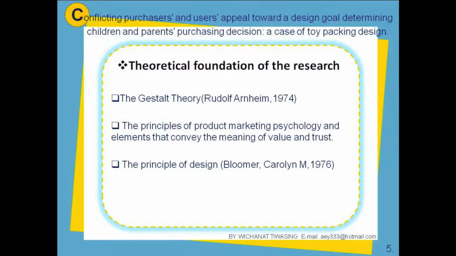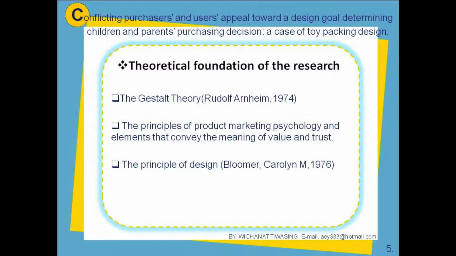Theoretical foundation of the research. The research is based on theoretical establishment on three lines of thought. Firstly, the Gestalt theory explains the way the overall combination of design elements affects the visual perception of viewers, leading to the utilization and configuration of design elements.